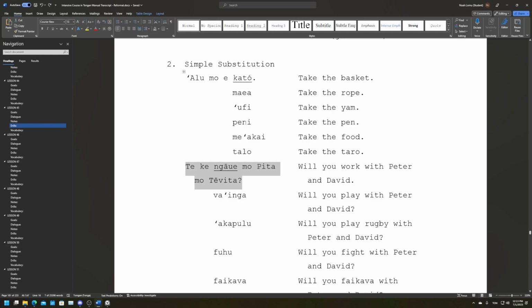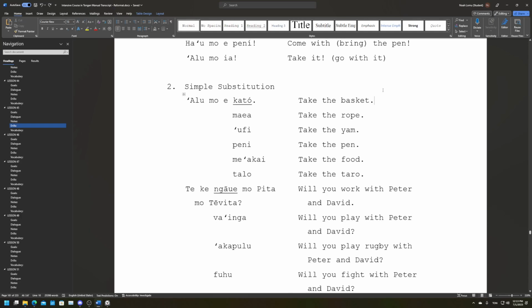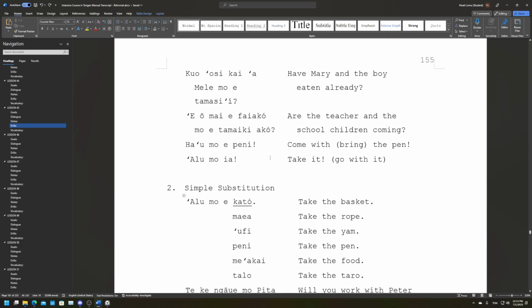Yeah, I mean, I was trying. It's hard to remember to do it when you're reading something. Oh, yeah. So this is how Shumway kind of formats it.